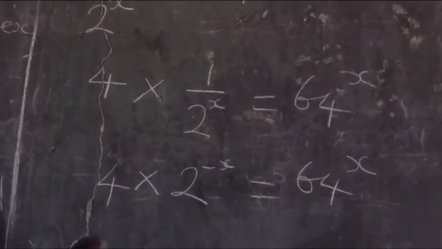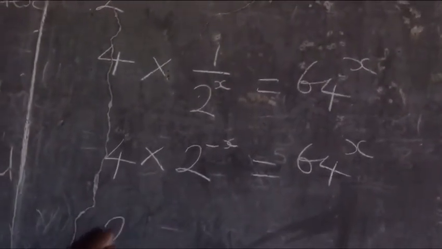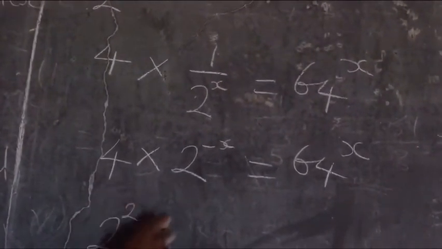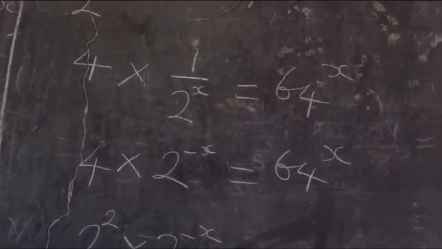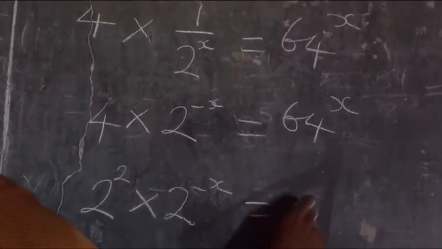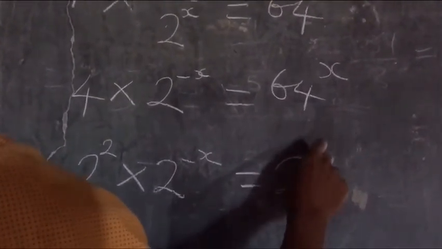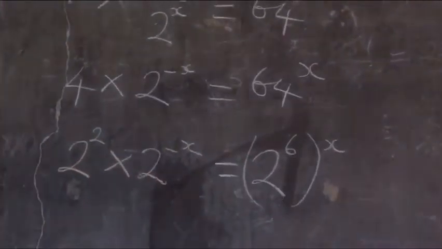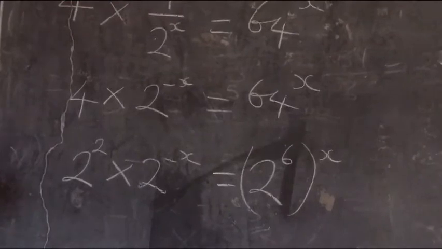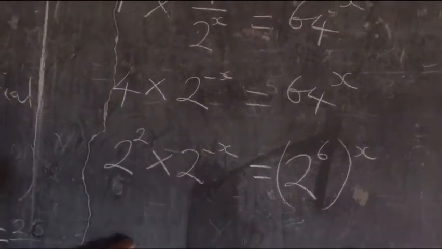Then I can take all the base to be 2. So I can have 2 raised to power 2 like this times 2 raised to power minus x like this is equal to 64 will be 2 raised to power 6, raised to power x like this. Then I can now do this one.